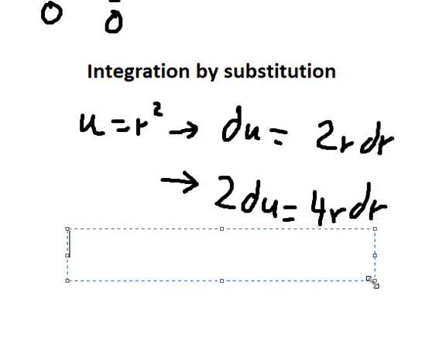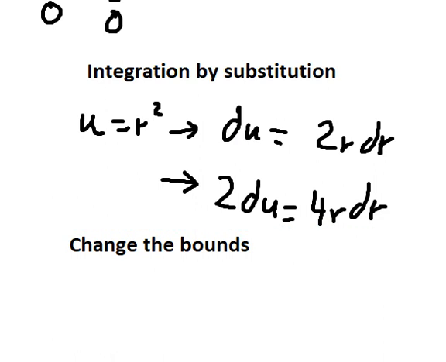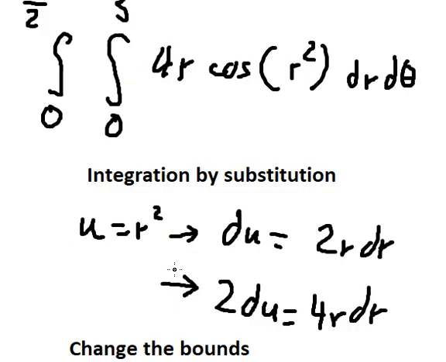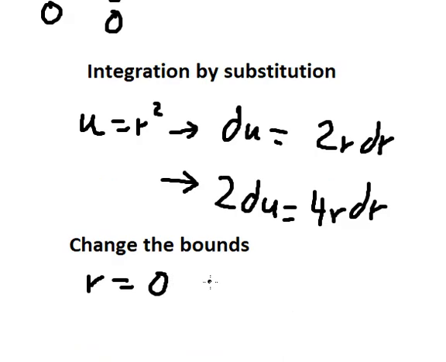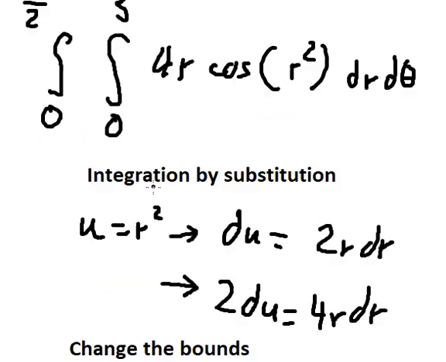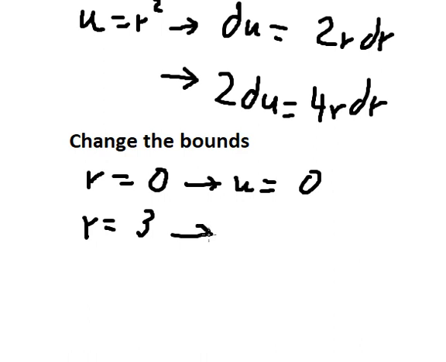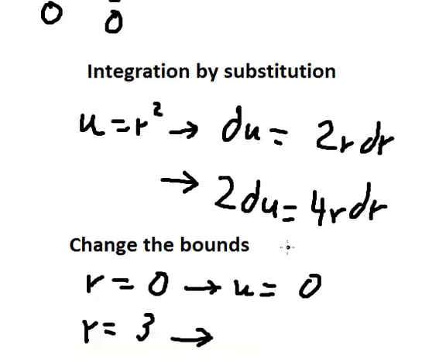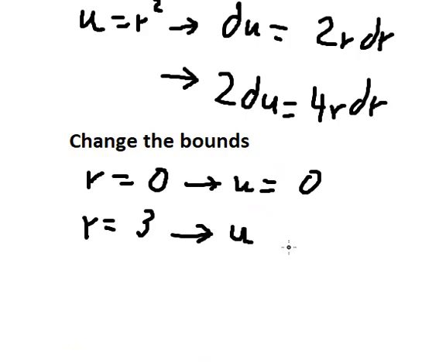Next, we need to change the bounds. So when r equals 0, we put 0 here to find the value of u. So u equals 0. When r equals 3, we put 3 here, and we got u equals 9.